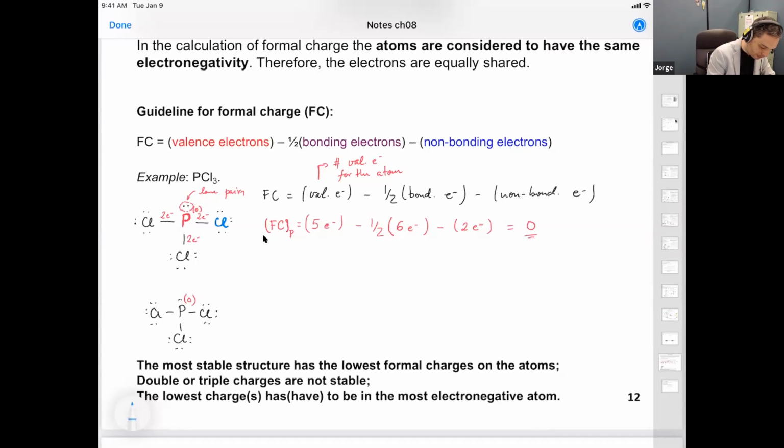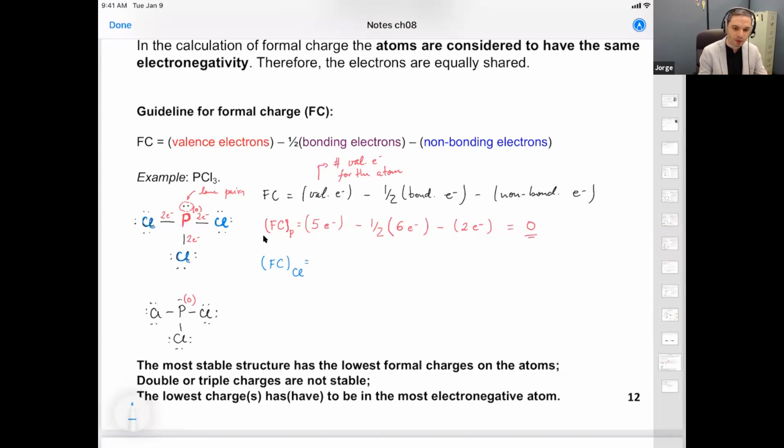However, all of them are making a single bond, and all of them have 3 lone pairs, so they are all equivalent. Therefore, we are going to determine just once the formal charge for the chlorine atom in the compound PCl3.